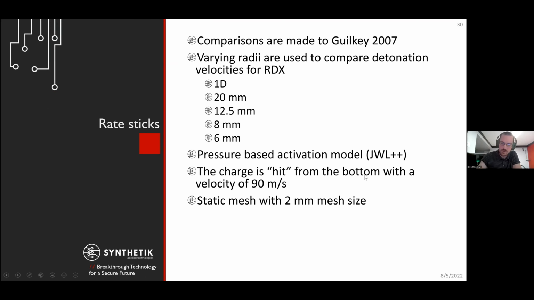But this can also be called the JWL++ model. This is from Souers. I don't remember the year. And basically the way that this is activated is it's hit from the bottom of the rate stick with some initial velocity. Here it's 90 meters per second. And we're going to be using a static mesh with a 2 millimeter mesh size.